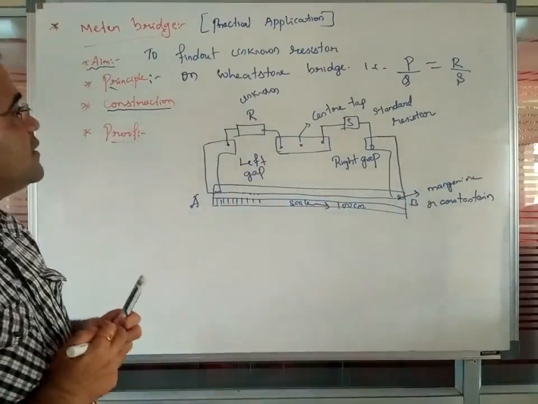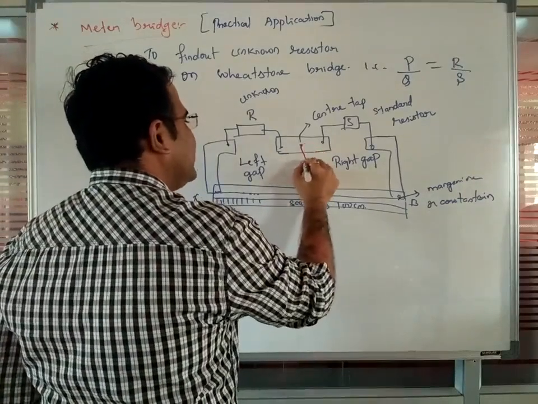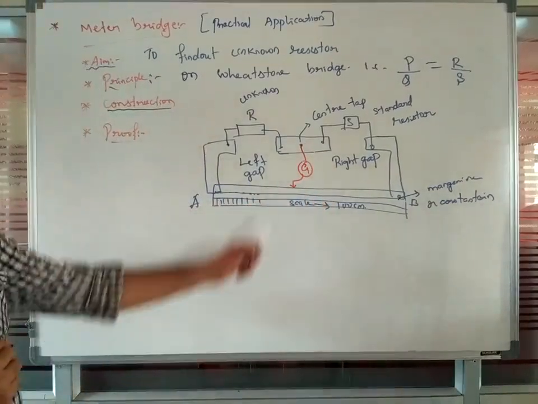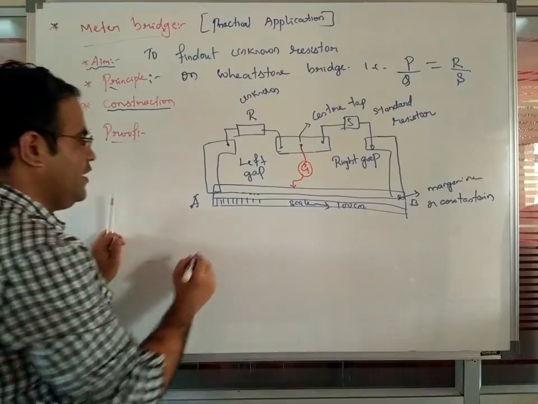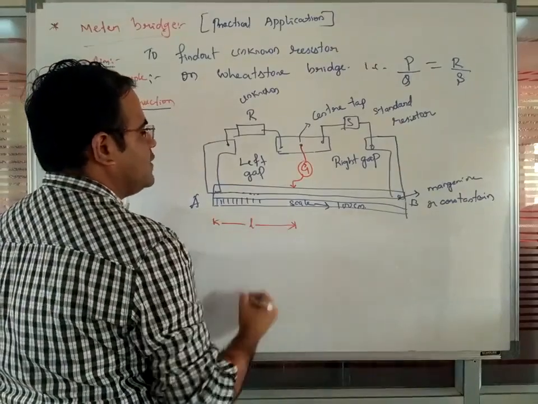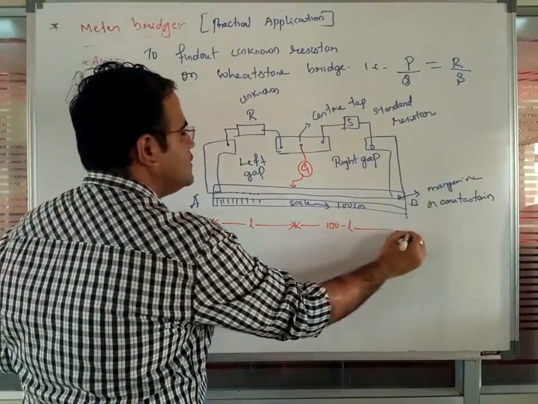From this center tap you make a connection to the galvanometer. The position you observe is taken as length L, and the remaining length as 100 minus L.